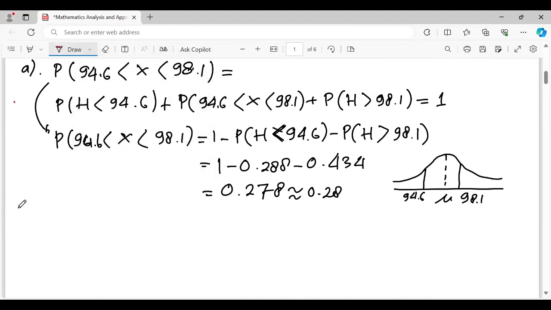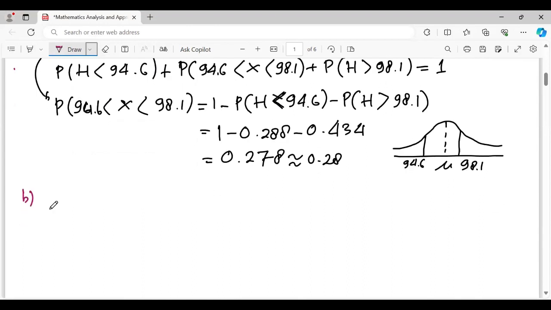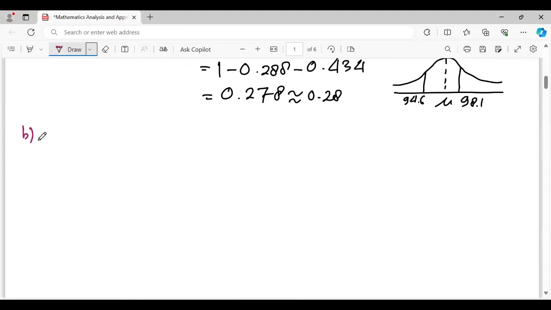For this question, we need a calculator to calculate this because all the numbers we are going to find through calculators.